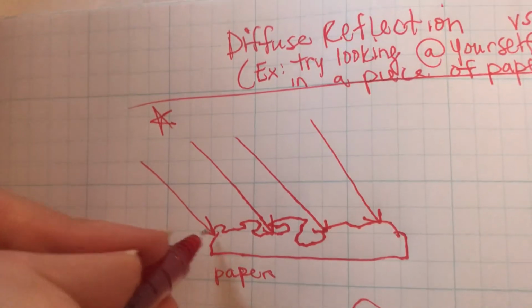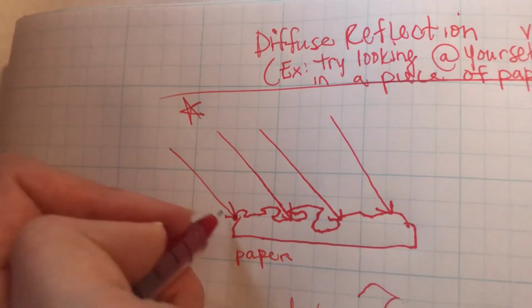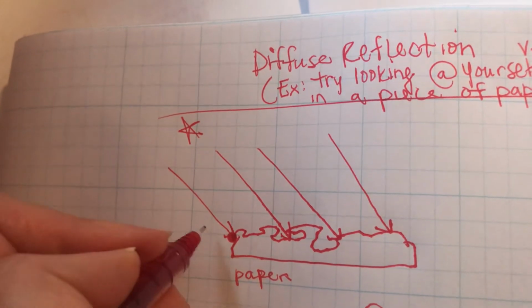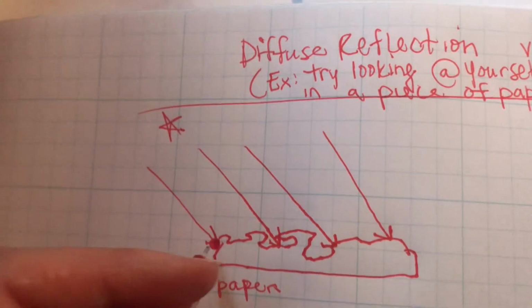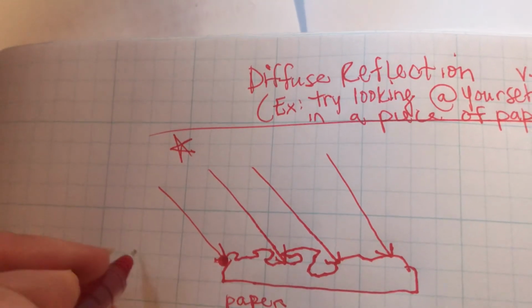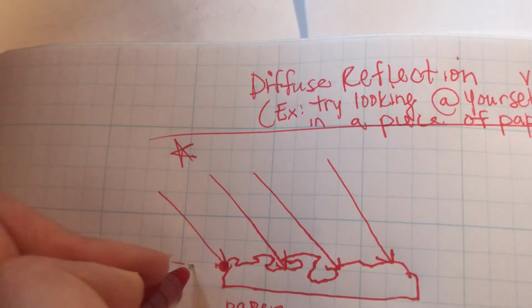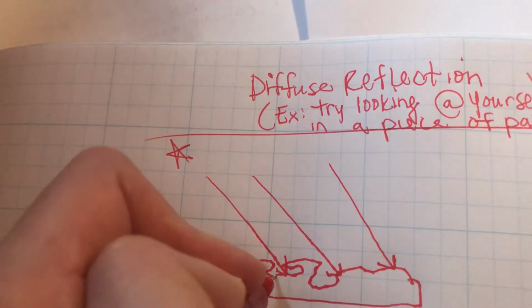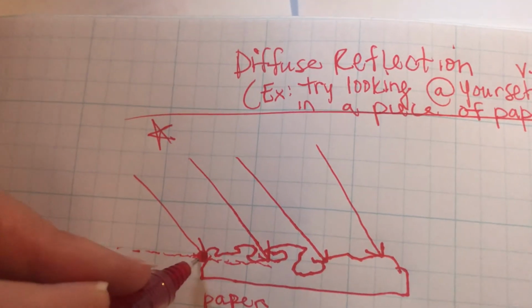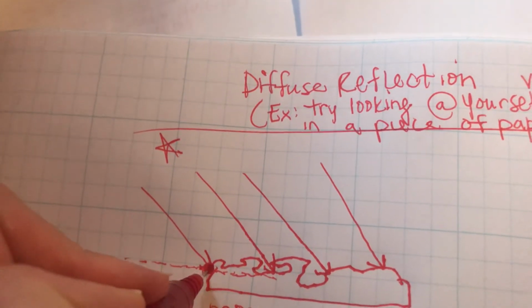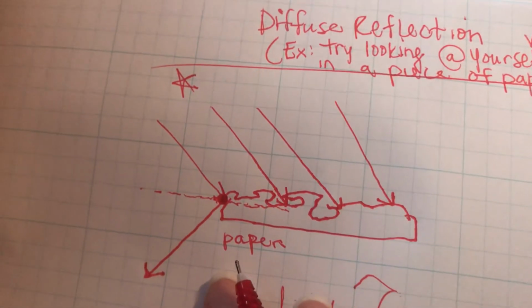Well, we know that at each successive point, the reflected ray can only be found when we first draw the normal, or the perpendicular line relative to the surface at that point. Well, at this point of the paper, the normal is sitting like this. So for this first incident ray, when it gets reflected off, it's going this way. Well, let's look at our next point.